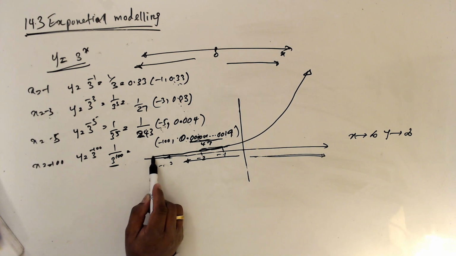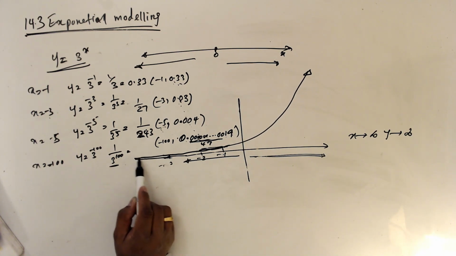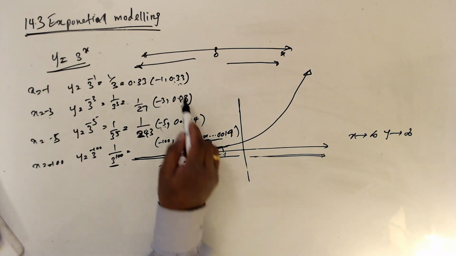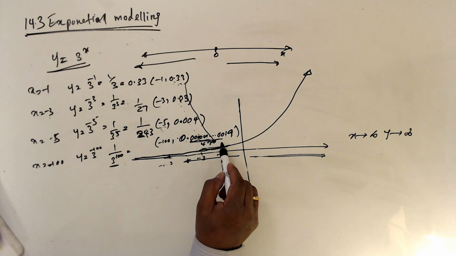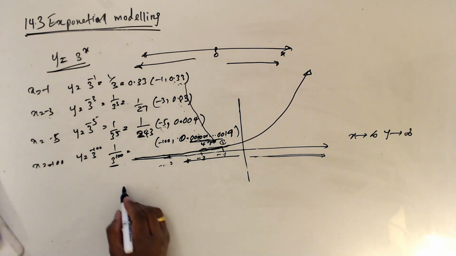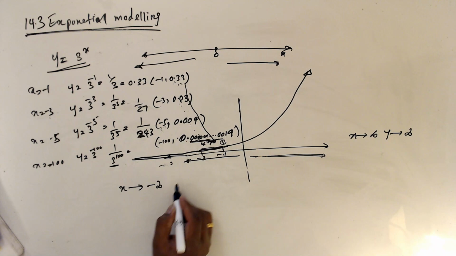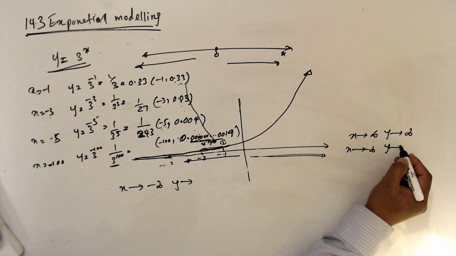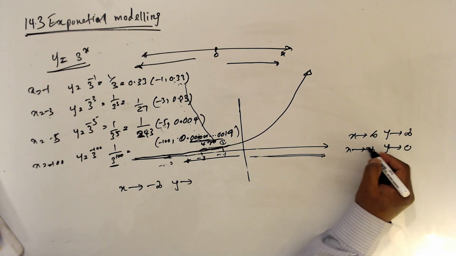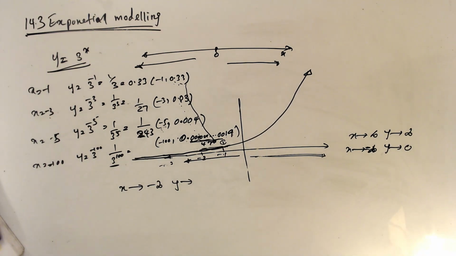Towards infinity, the y value is reaching 0. So when x goes to negative infinity, y goes to 0. This is the only thing you need to know about what happens when x goes to positive and negative infinity in an exponential graph.